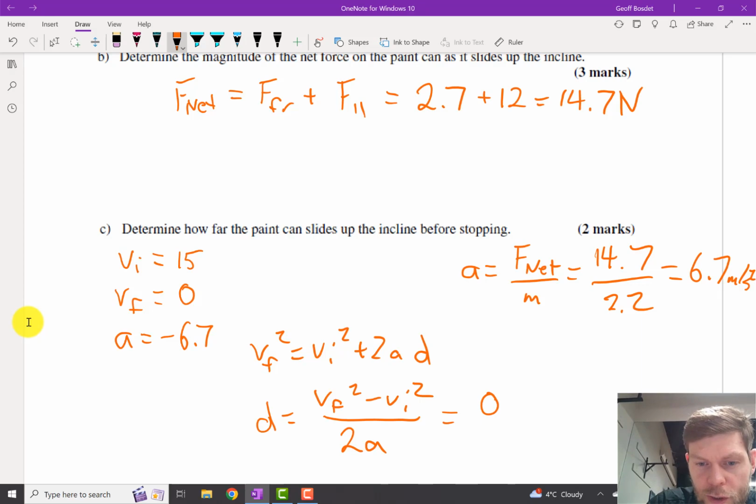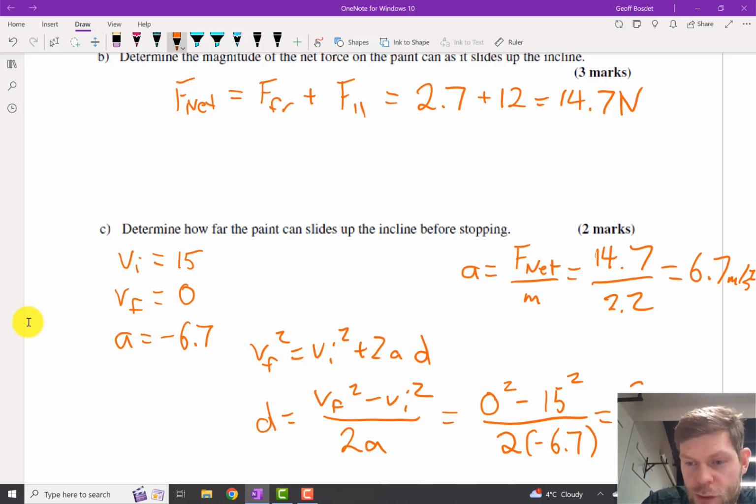So anyway, we got 0 squared minus 15 squared, which is 225, divided by 2 times negative 6.7. So negative 225 divided by negative 13.4, which gives us 16.8.